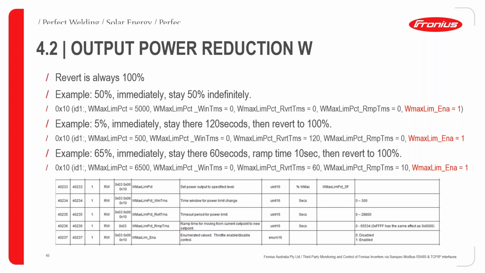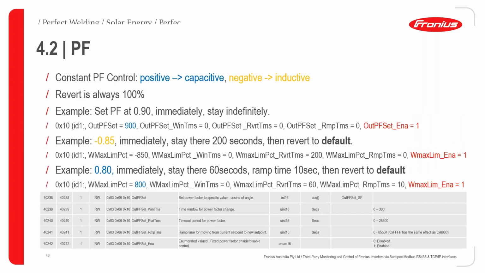So you write your registers and that's okay, but you need to tell the system, I want this to start now. Maybe you don't want it to start, maybe you want it to be delayed a bit. SunSpec does define this enable regardless. So make sure when you do your control, always use multiple register offset or function 0x10, and then you invoke all 5 registers in one go. This is of critical importance.